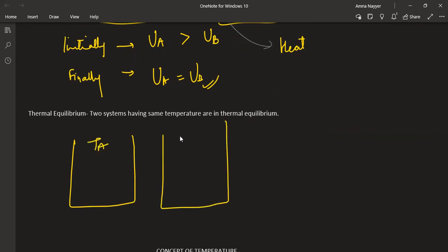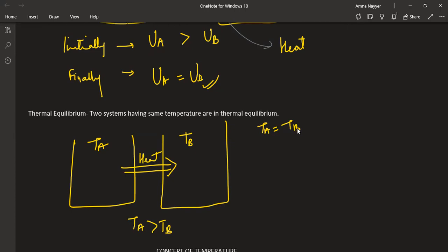This is having temperature TA, this is having temperature TB. Initially, let's say temperature in A is greater than temperature in B. So that extra amount of heat will travel. This heat travels till when? Till the time both of them have the same temperature, TA is equal to TB.